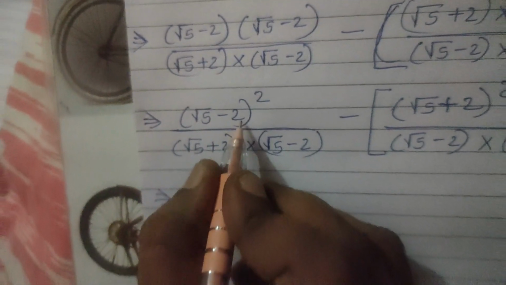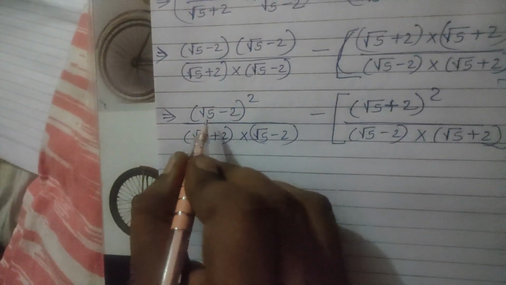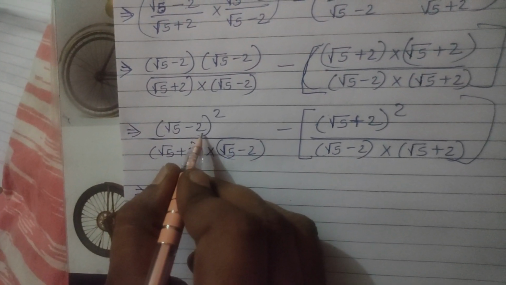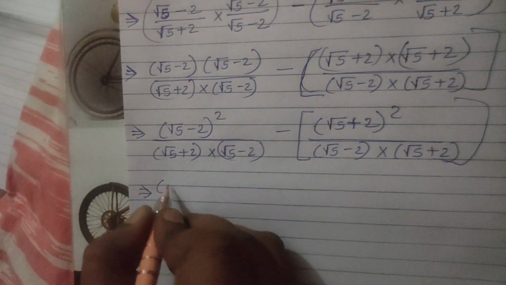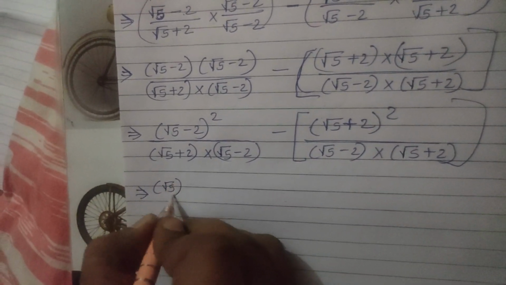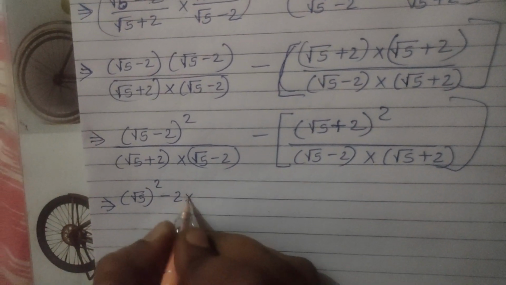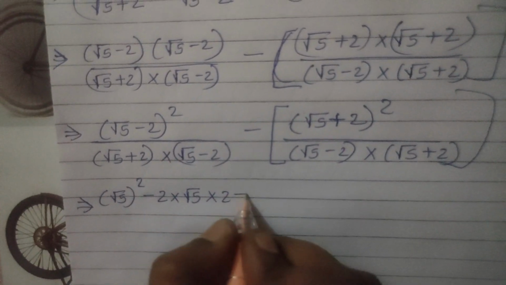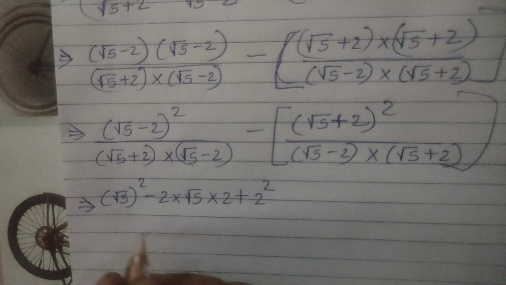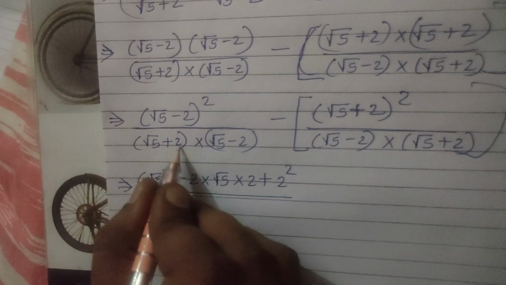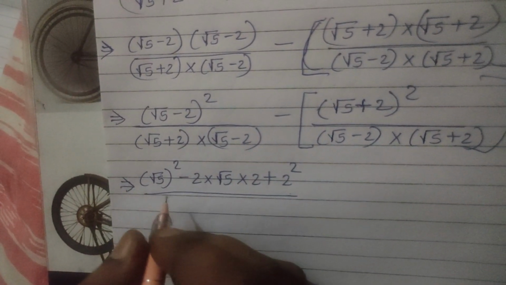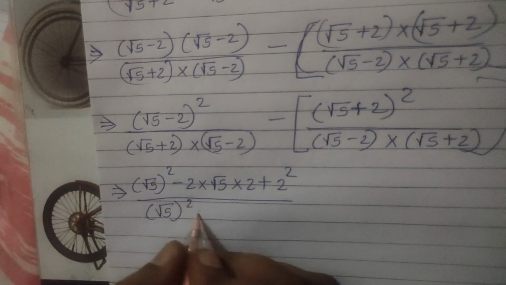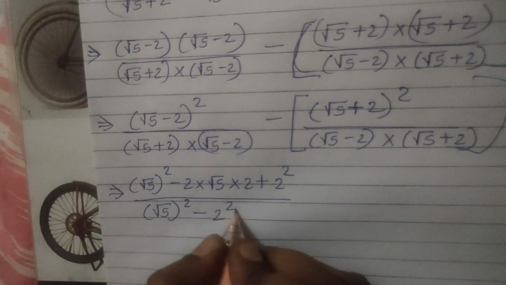Now use the second identity here. It is a minus b whole square. So here root 5 will be a and b will be 2. So it will be a square, that is root 5 square, minus 2 into a, that is root 5, into b, that is 2, plus b square, that is 2 square, upon a plus b into a minus b, which is equal to a square minus b square. So it will become root 5 whole square minus 2 square.